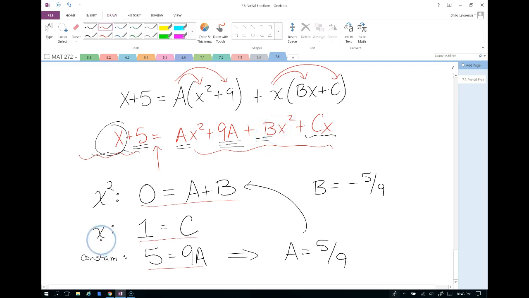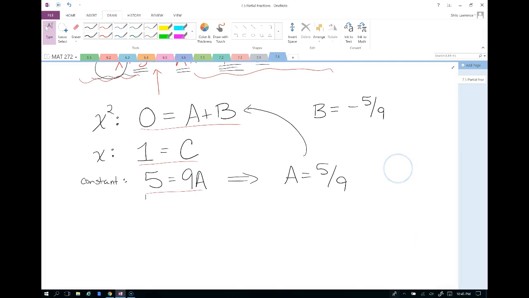Then I looked at my linear terms. The linear term on the left had a coefficient of 1. I only had one linear term on the right, and it had a coefficient of c. That means c has to equal 1 if the left-hand side equals the right-hand side. And then the same way we matched up the constants. So we are able to figure out a, b, and c this way as well, and we haven't plugged anything in for x.